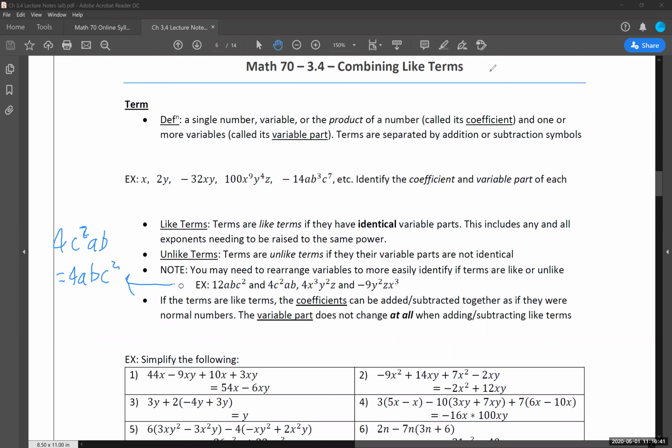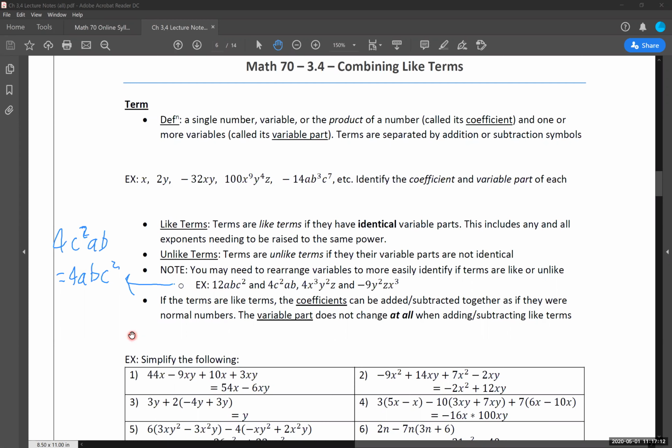And now suddenly I'm looking at the variable part as it's written here and the variable part as it's written here, the two things that I'm comparing, and saying, oh, abc squared, abc squared. Suddenly the variable parts are identical to one another, just by rearranging them. I'm not changing the term, I'm just rearranging the variables. And now I know I've got like terms here.